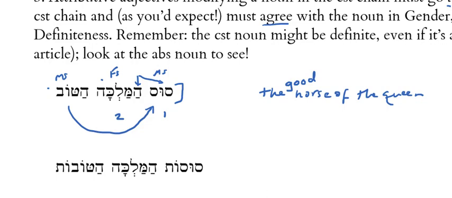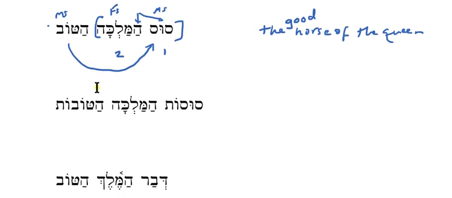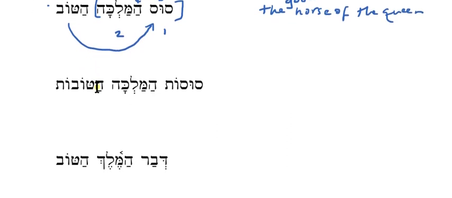Alright, let's take a look at the second example here. For the second example, we have susot hamalka hatovot. Here's my construct chain. Susot hamalka. This is feminine plural, and it's in the construct. This is feminine singular, and it's in the absolute.